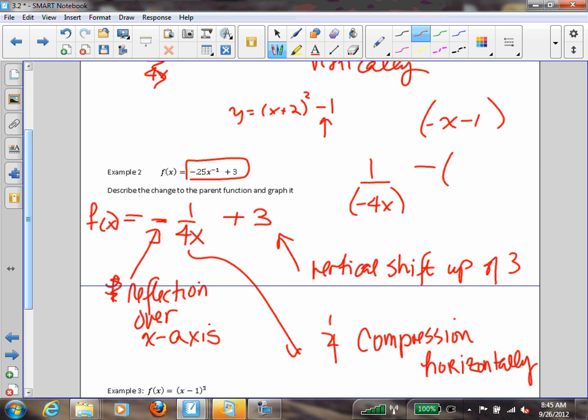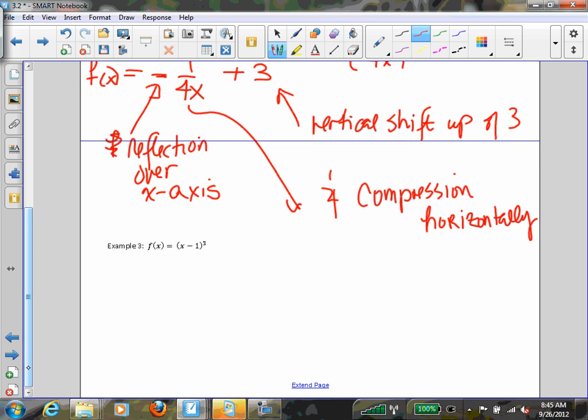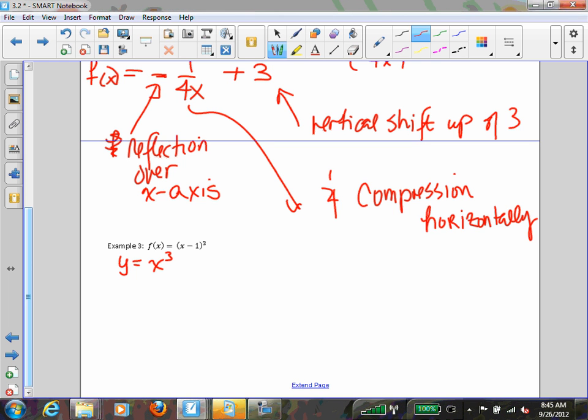Okay. All right, let's try another one. All right, the parent graph is y equals x cubed, right? Now the only thing that's different is this -1. So you just have to keep asking yourself, what is it affecting?